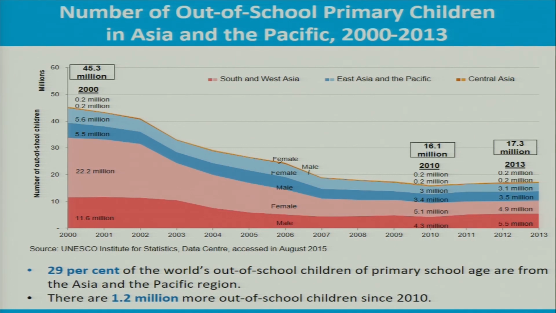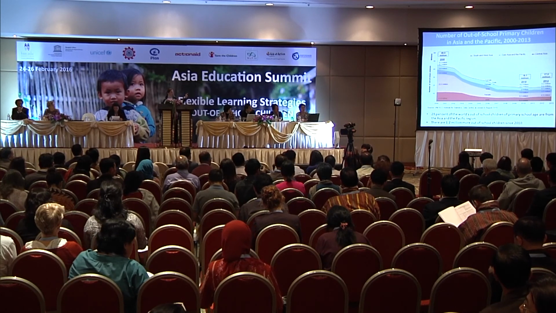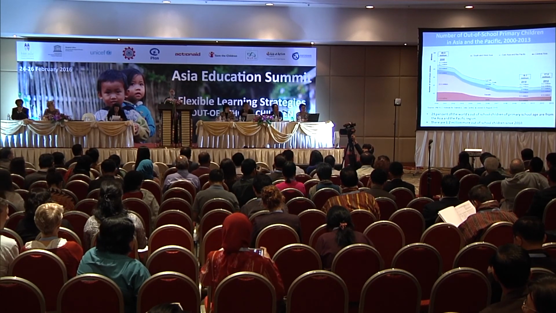This region accounts for 29% of the world's out-of-school children in primary, and there are 1.2 million more children in this region since 2010. From the chart, I don't know if you can see all, this increase is due to males in South and West Asia. By breaking down the information on who the out-of-school children are, we can really tackle who those children are.